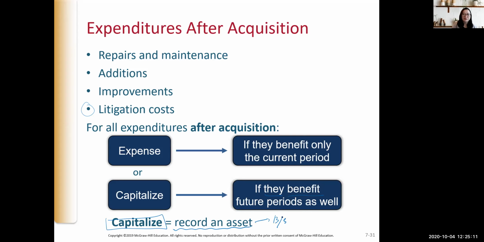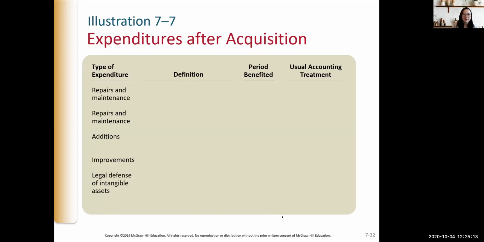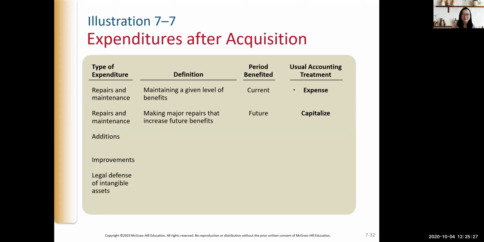Okay, so let's look at some specific examples after the acquisition. Repair and maintenance: if the maintenance only gives benefits in the current period, only one period, then we usually expense it.